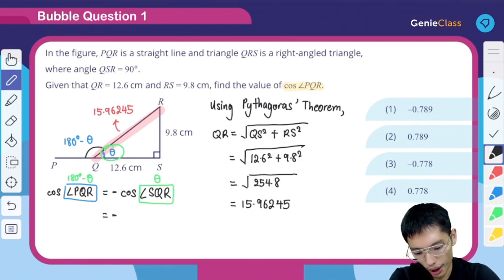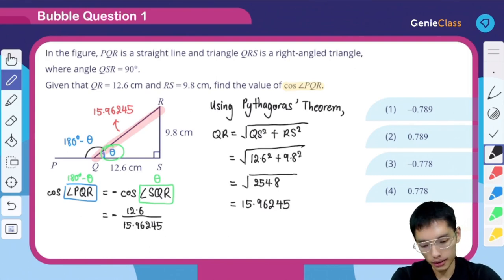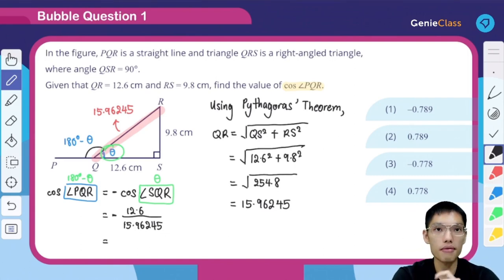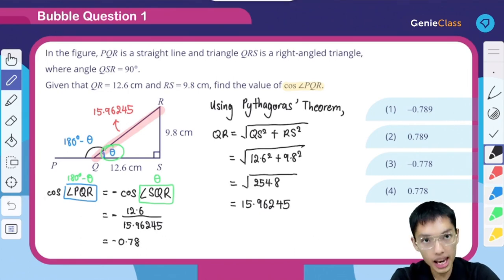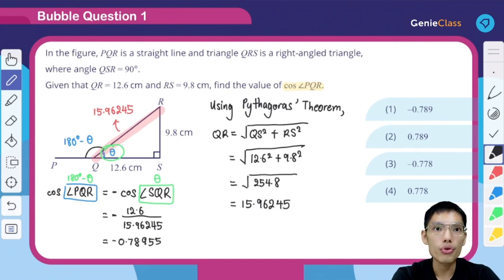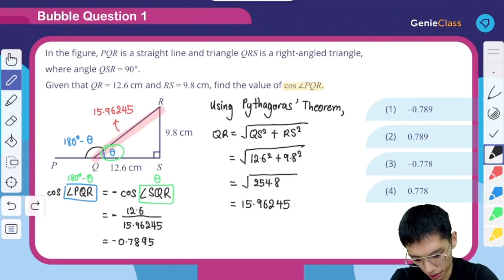So 12.6 is my adjacent over 15.96249. You don't have to do the inverse because it's just evaluating the cosine of it. Take note, it's going to be 0.78955. Round off to 3SF, 0.790, sorry for that.